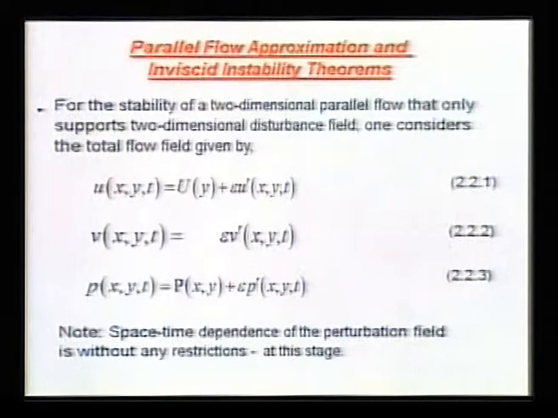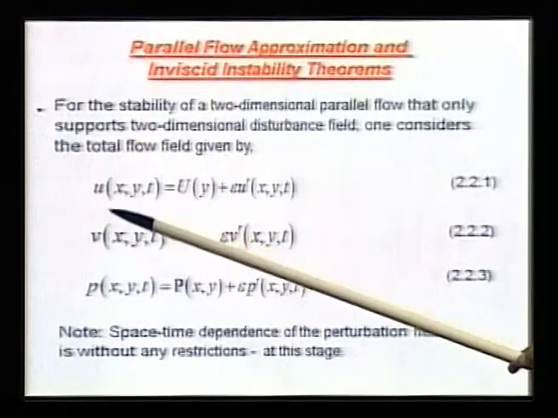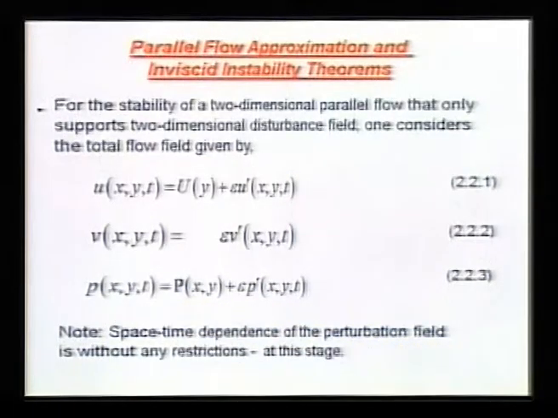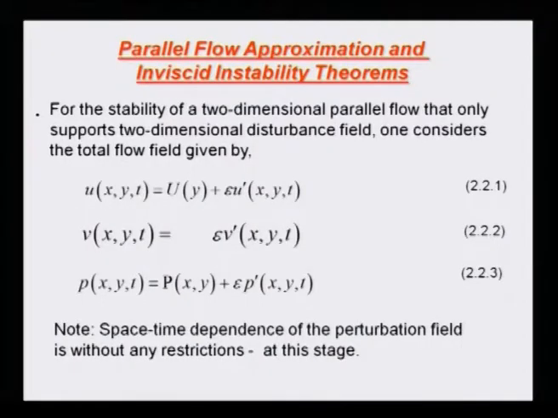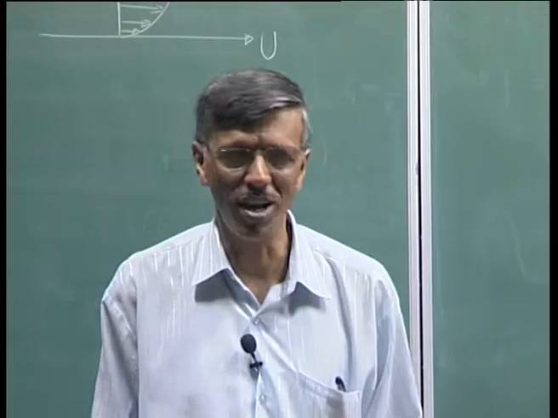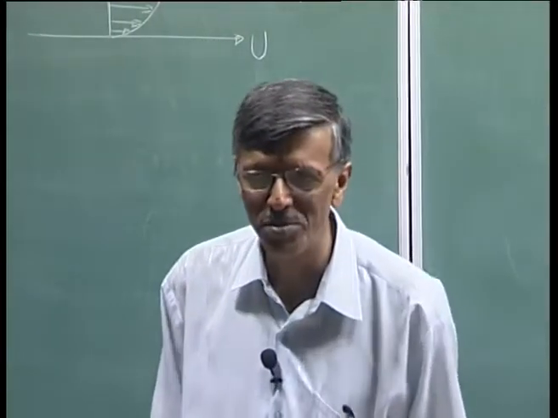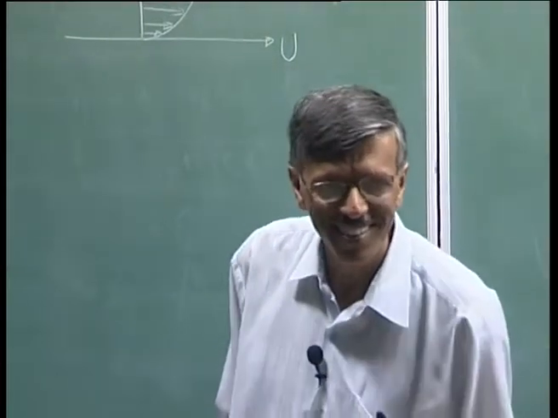Let us say we are talking about a two-dimensional flow. So, we will have only two components of velocity, u and v, and there is the associated pressure field. We are talking about this two-dimensional field, and please also understand, whenever you study disturbance, you study it in its most general form. So, we do not presume it to be steady or unsteady, right?